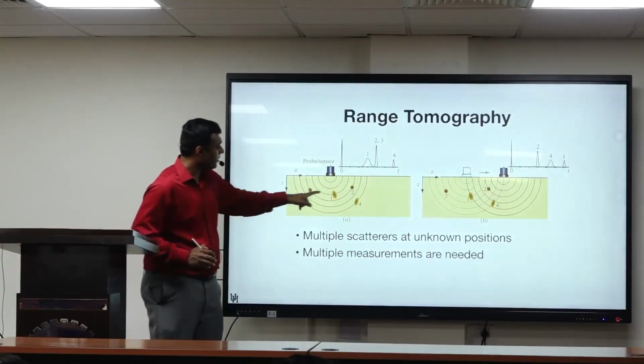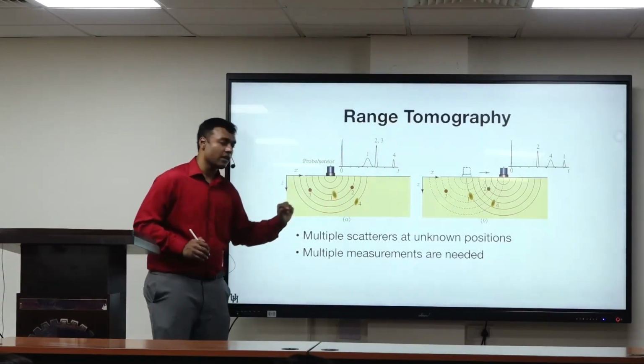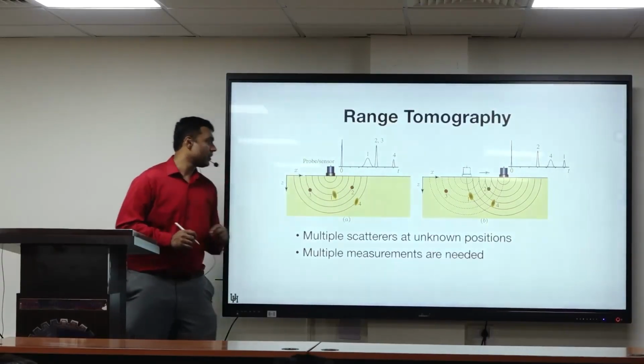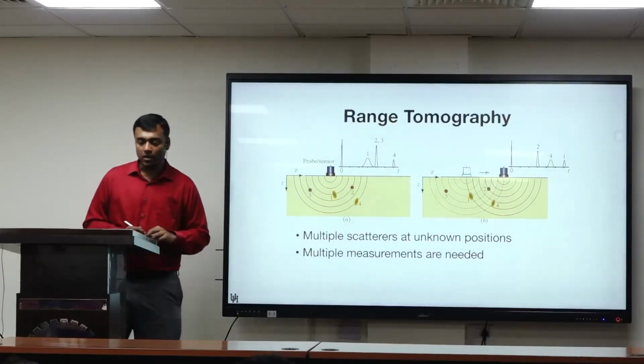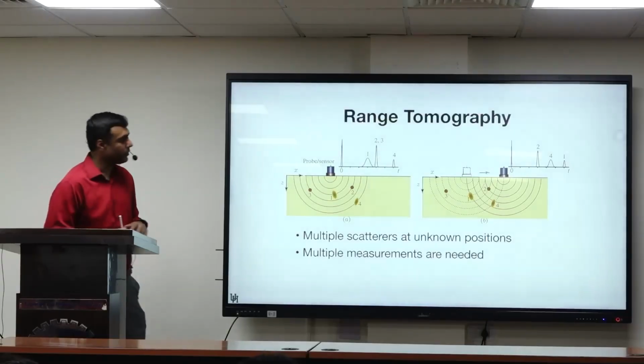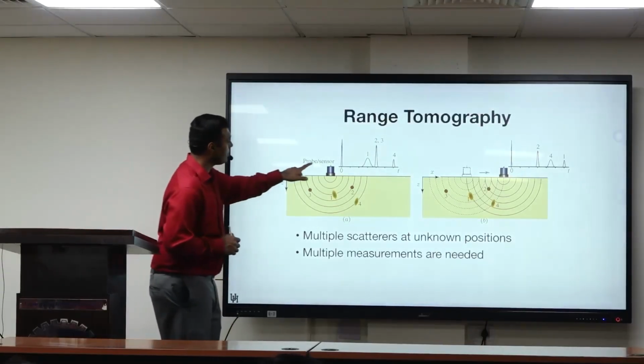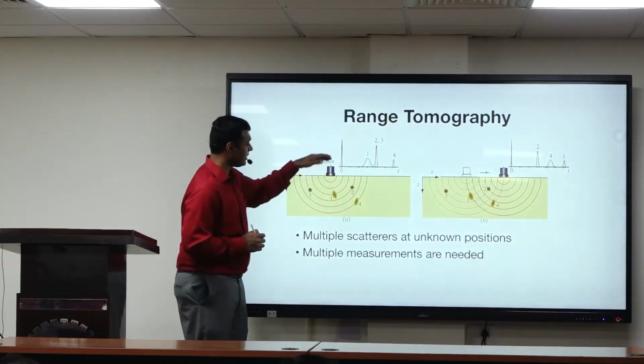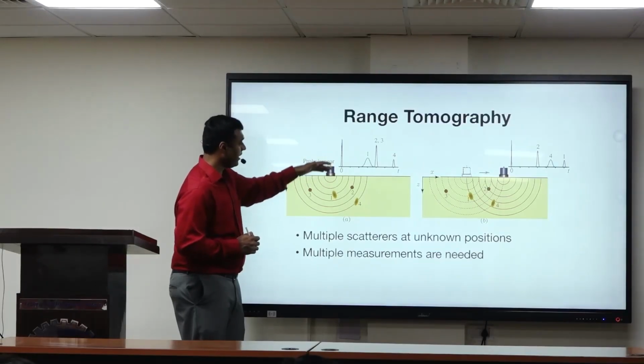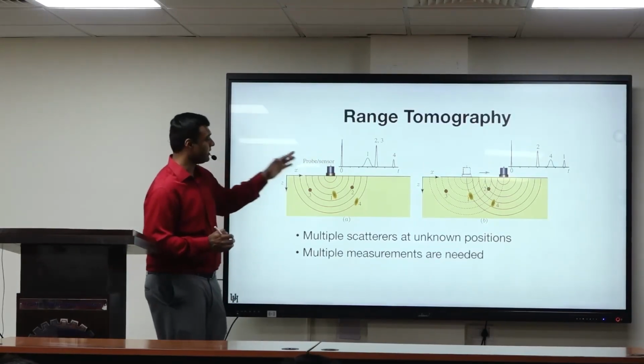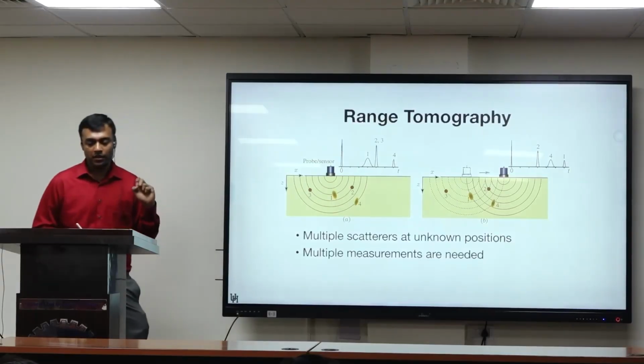So instead of one scatterer, if we have four of them as shown here, and this probe sends a signal wave, it also gets back a wave, since it also has a sensor.